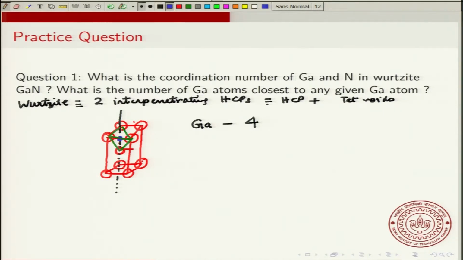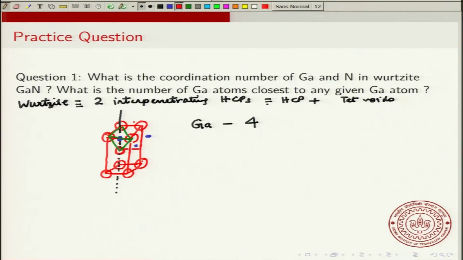There will also be gallium atoms here and here, and this HCP will extend.